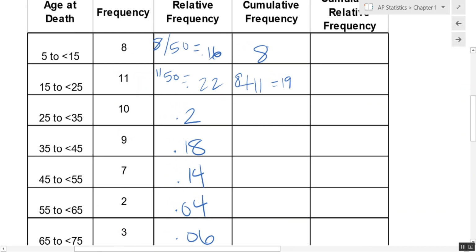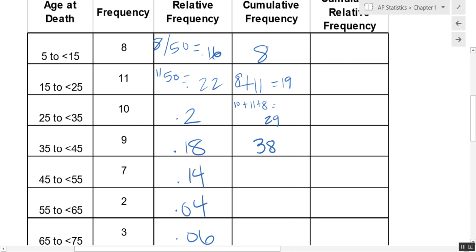And then the next box, this is everything below 35. So that means we need to sum 10, 11, and 8. Okay, it's everything below it. So we're at 29. Everything below 45. So we're going to be 9, 10, 11, and 8. Sum all those up. So we get 38.